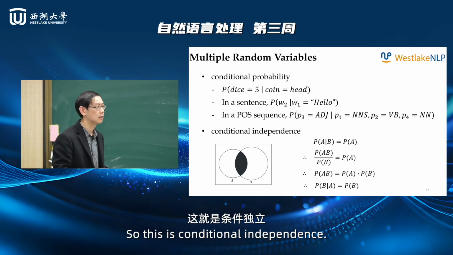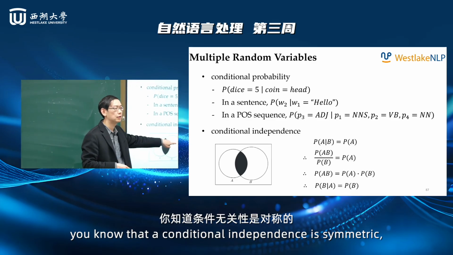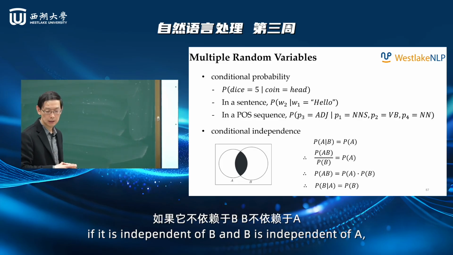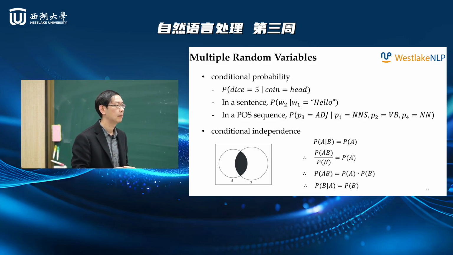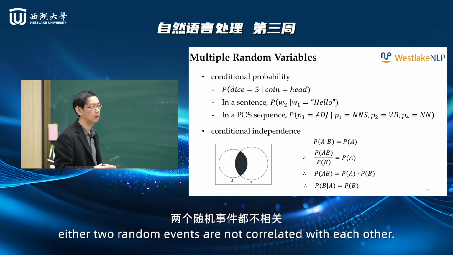By looking at the equation, you know that conditional independence is symmetric. If A is independent of B, then B is independent of A. The two random events are not correlated with each other.